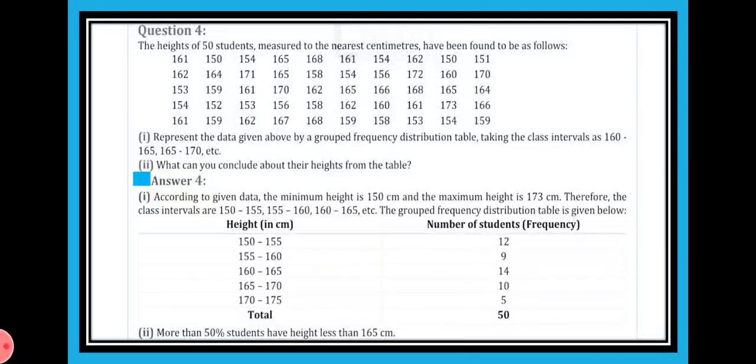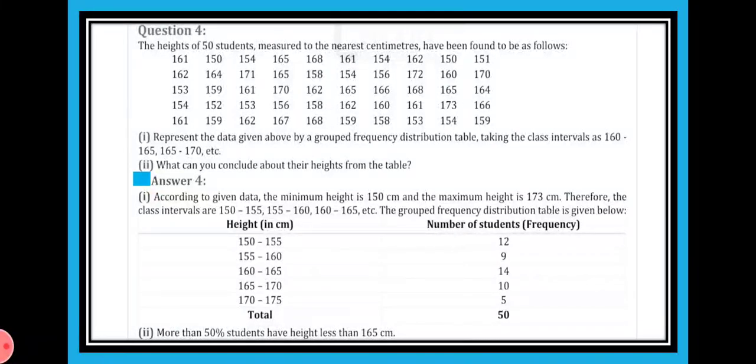Now the second question: what can you conclude about their heights from the table? Looking at the table, more than 50% of students have a height less than 165 centimeter. We can conclude this because from 150 till 165 there are 35 students.